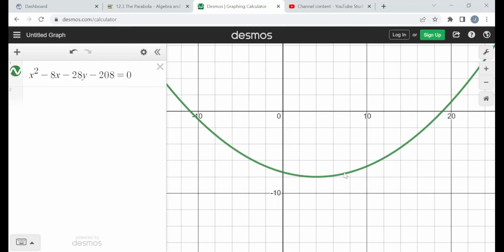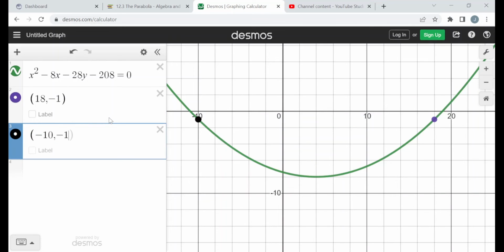And you see it's definitely got 4, -8 as the vertex, and I'll actually plot the points that we said were at the ends of the latus rectum, right? The point 18, -1 should be on this, and you can see that purple point that just showed up is definitely on the parabola. The point -10, -1 was the other end of the latus rectum. That's also on the parabola very clearly.